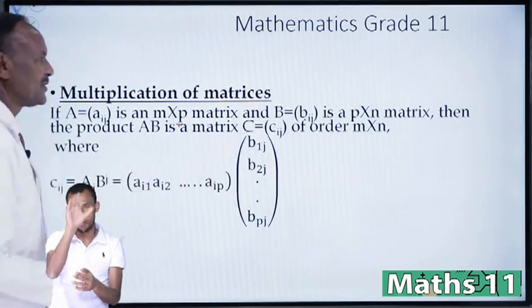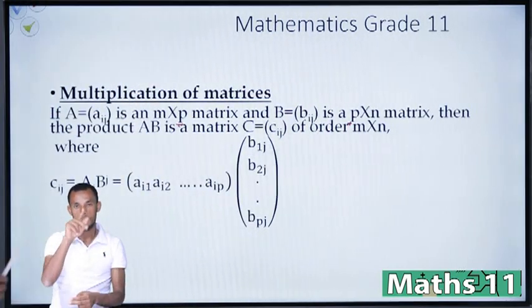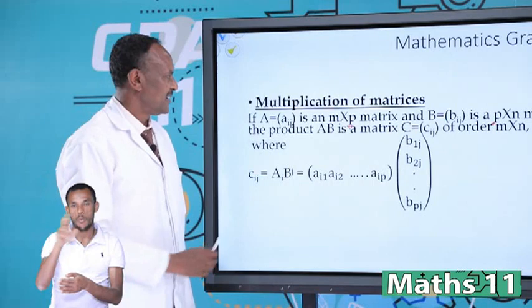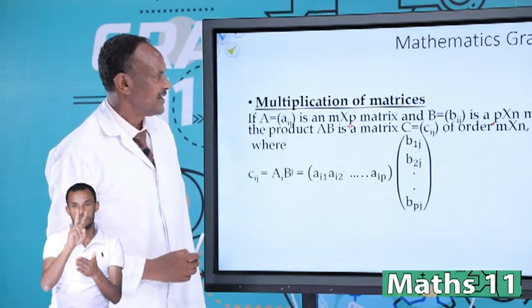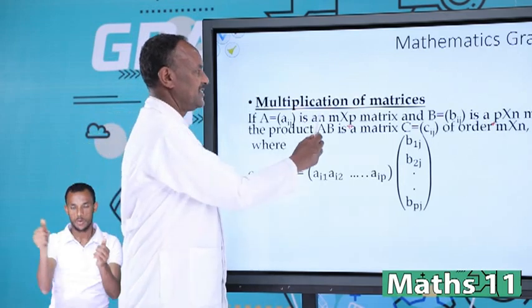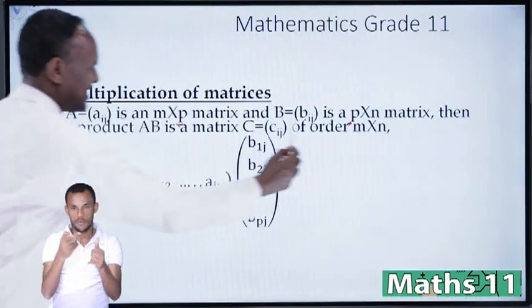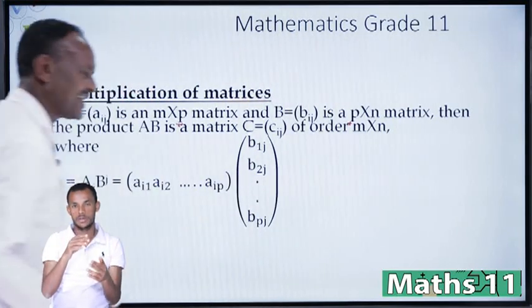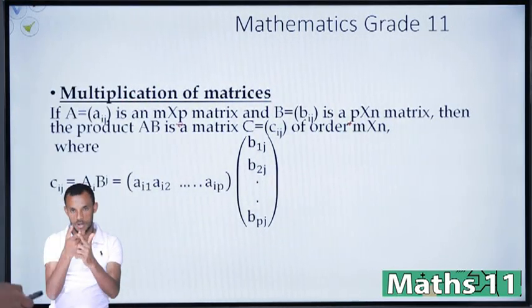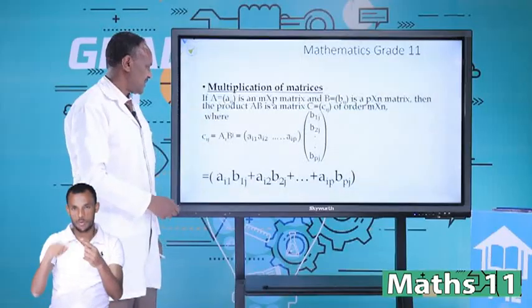B is a matrix of order P by N, so P is the number of rows. When these two are multiplied, you will get a new matrix of order M, the number of rows of the first matrix, by N, the number of columns of the second matrix. So we'll see how to find the product next time.